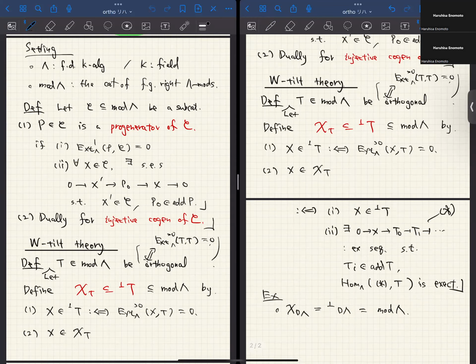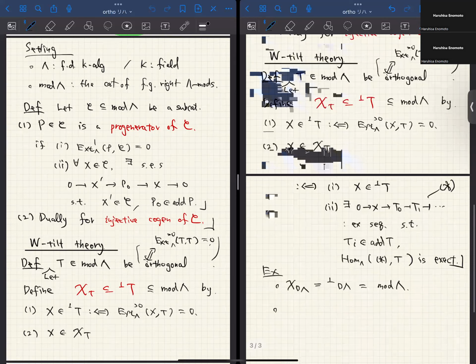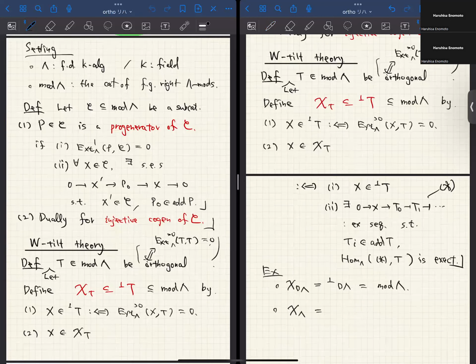And I will explain another important example which is related to Gorenstein homological algebra. So consider X_lambda, which is a kind of object which can be co-resolved by lambda. And this actually coincides with the category of Gorenstein projective modules.